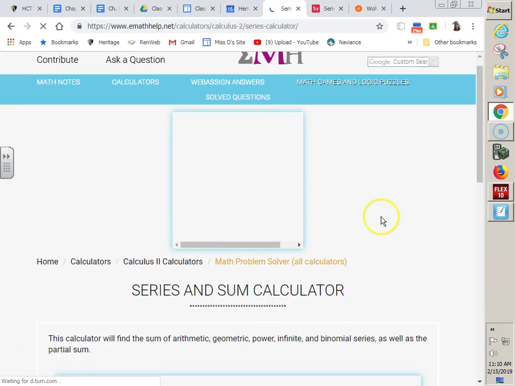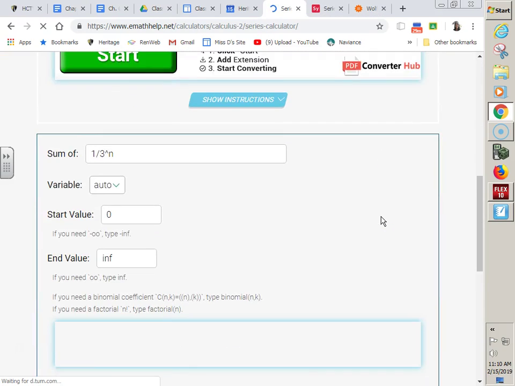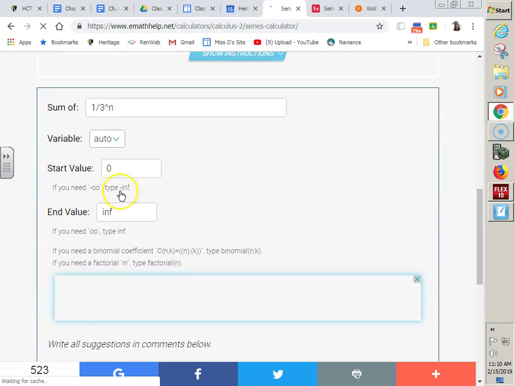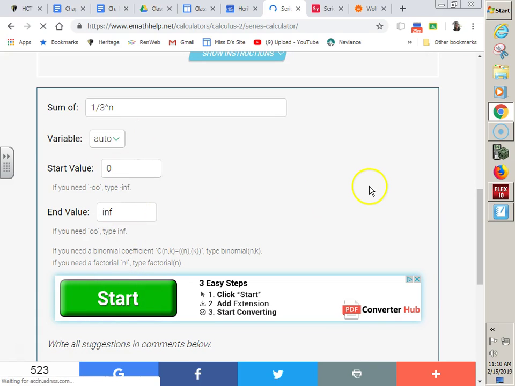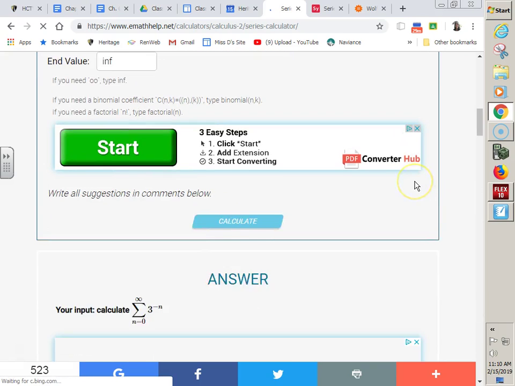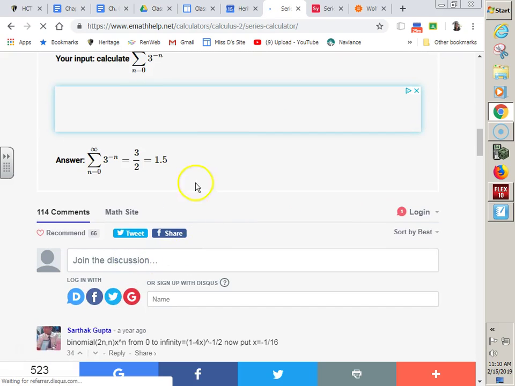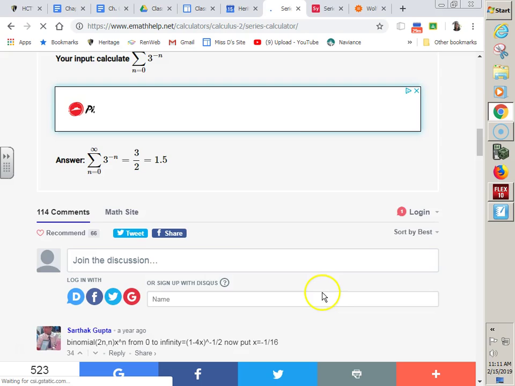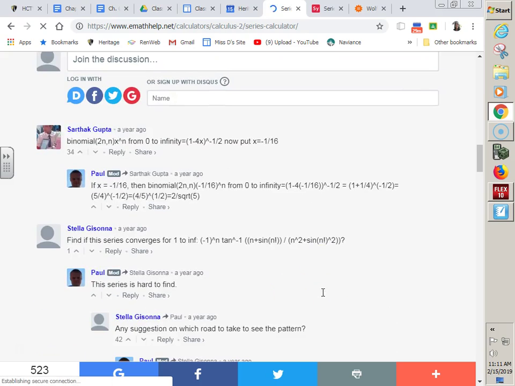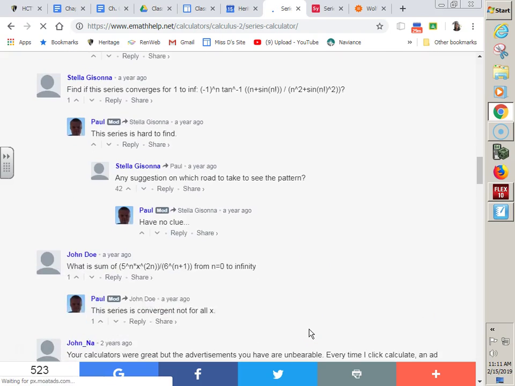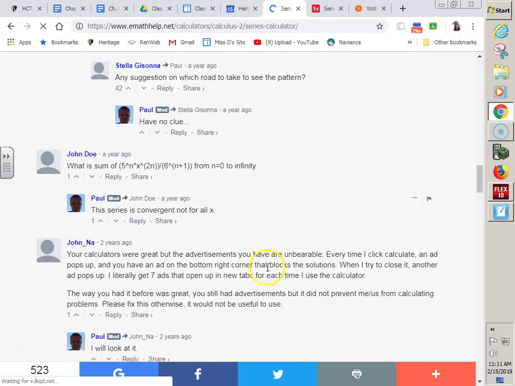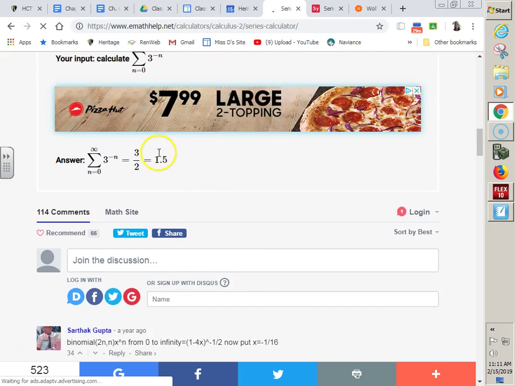Go down and, as far as the programming, it's pretty easy. Yeah, and then go down and it says calculate. The series is hard to find. Does it answer with convergent, or does it just give you an estimate for the series?